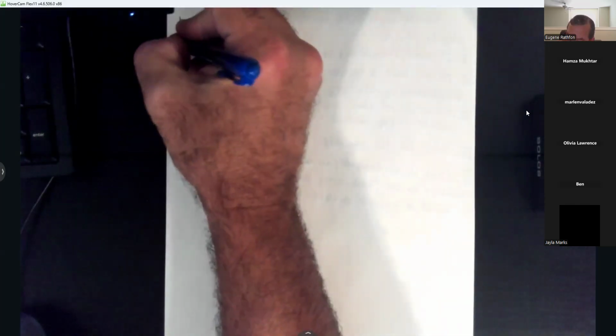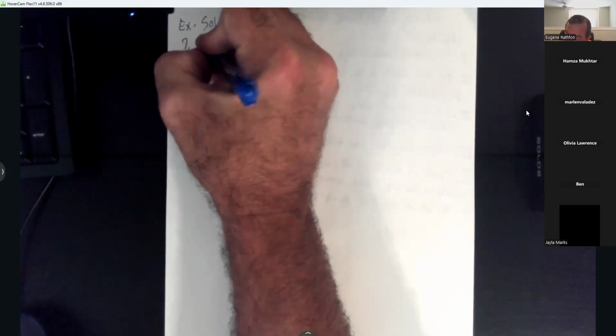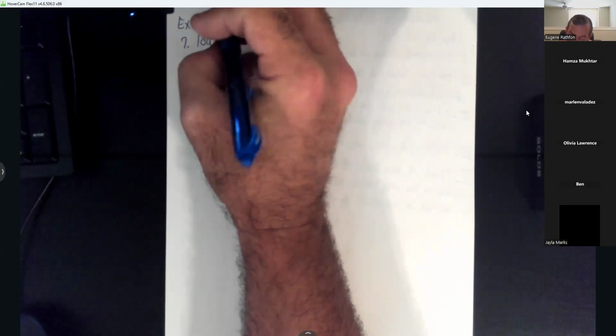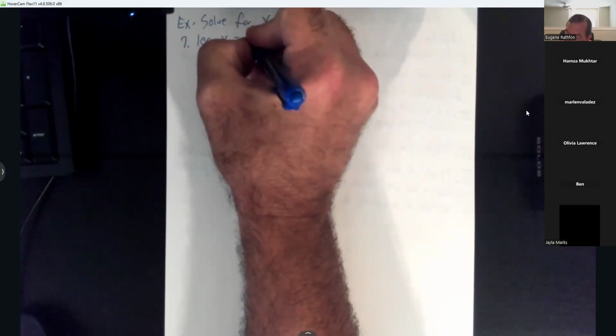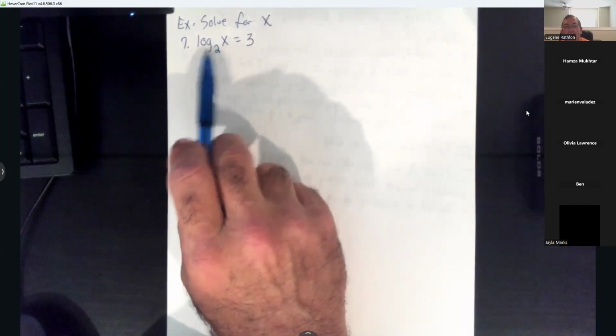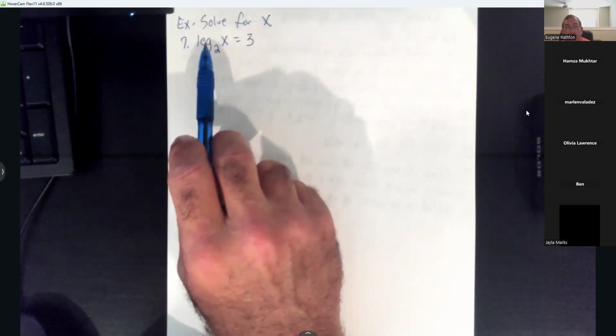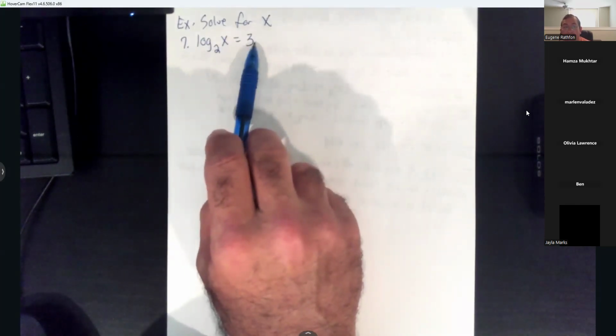All right, should be on number 7, I think. All right, so I got log base 2 of x equals 3. So they're going to start out mellow here. I've only got one log on this side, so I cannot combine logs on either side. I don't have a log base equal to a log base because I don't even have a log on the right side.